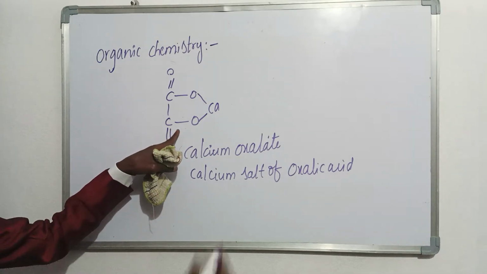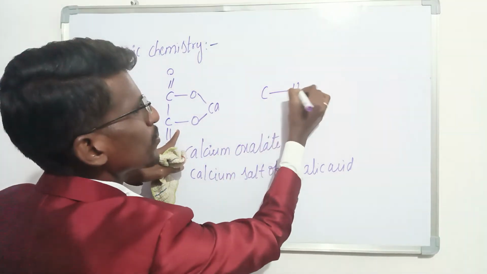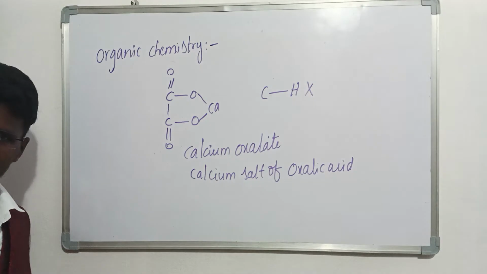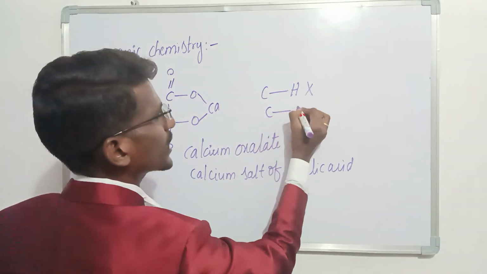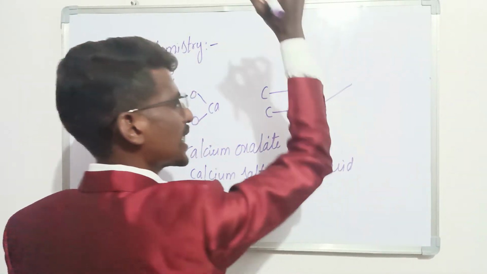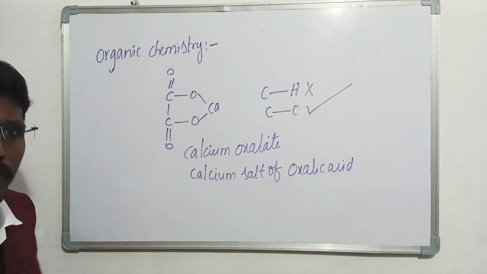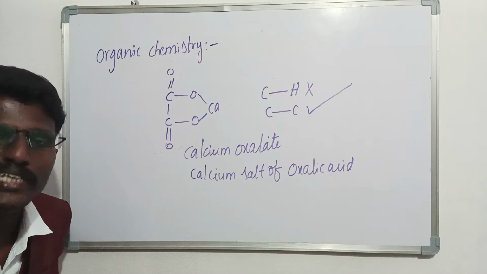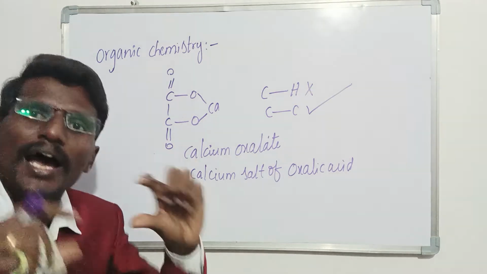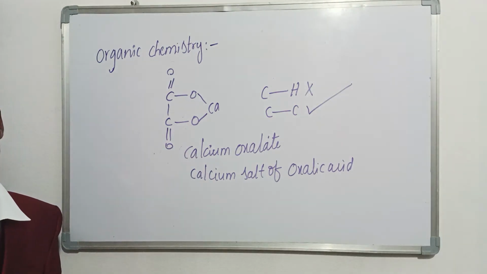It does not contain a CH bond. CH bond is absent, and CC bond is there. Hence, it is an organic compound. So this way we can differentiate organic compounds and inorganic compounds.